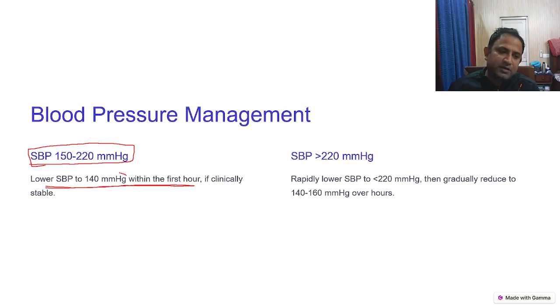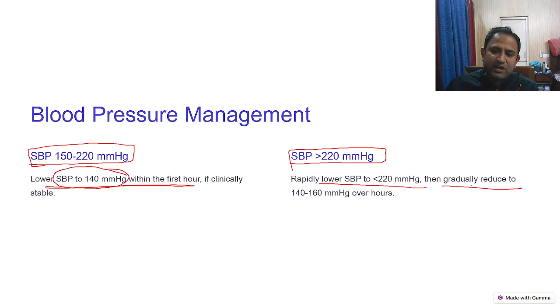If you do it, you will stabilize the hematoma. There will be no further bleeding. For a systolic blood pressure recorded to be greater than 220, lower the SBP to less than 220, and then gradually reduce it to 140 to 160 mmHg over hours.